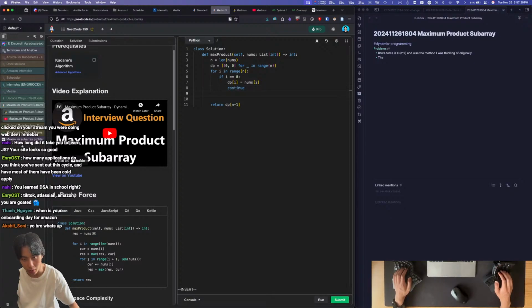Now, if it was not 0, it was something else, then you'd need to use the previous subproblem to solve this subproblem. If nums of i is greater than 0, let me think.